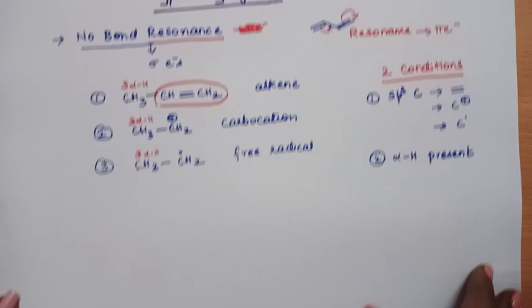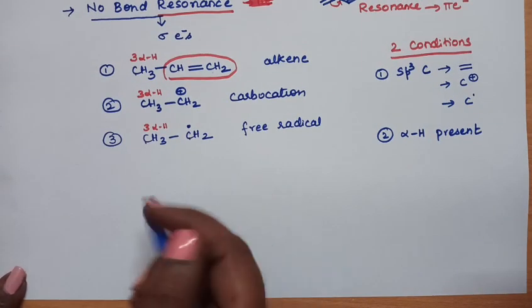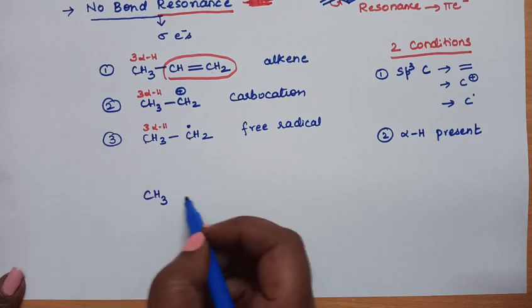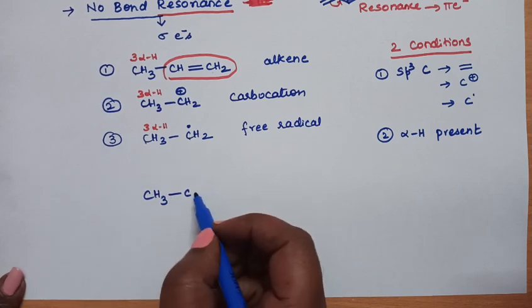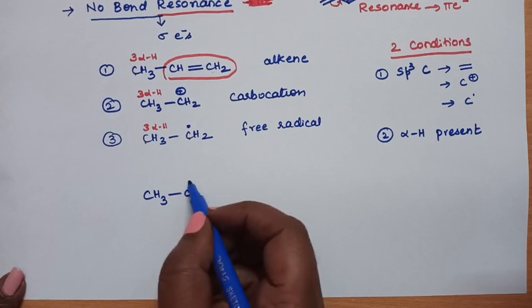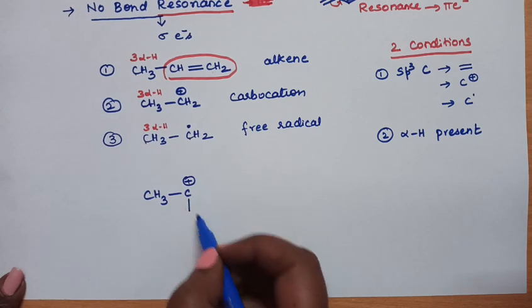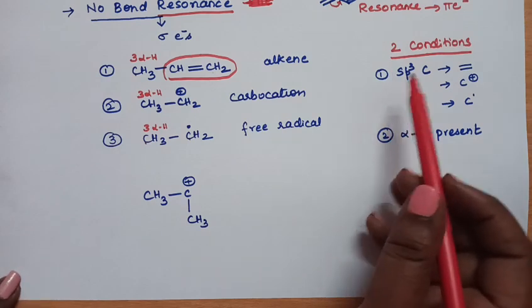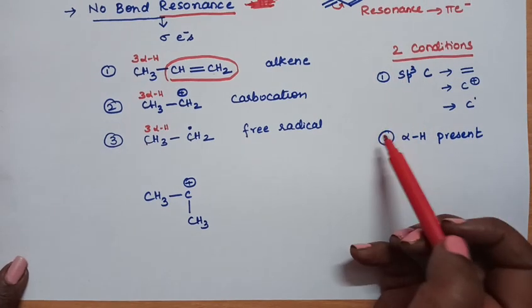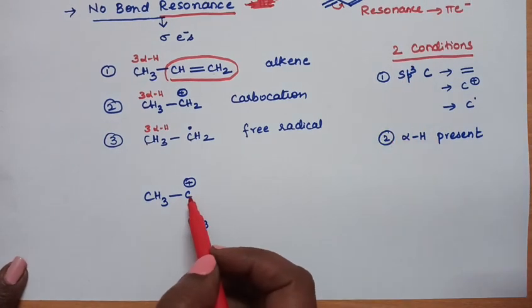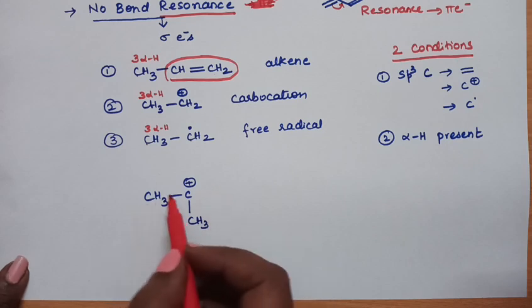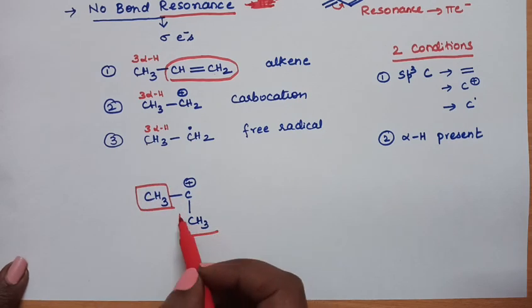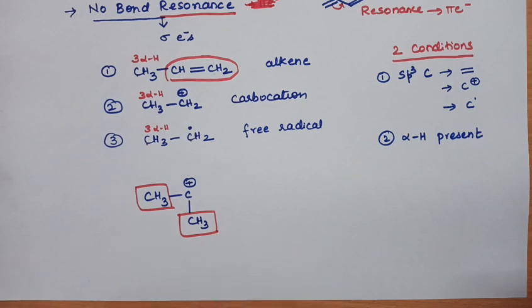We will take one more example to find out how many alpha hydrogen atoms there are. We will take a simple example: CH3, C positive sign here, and then CH3. Students, check whether it satisfies these two conditions. To the carbocation you can see an sp3 carbon is attached, and also another sp3 carbon is attached.